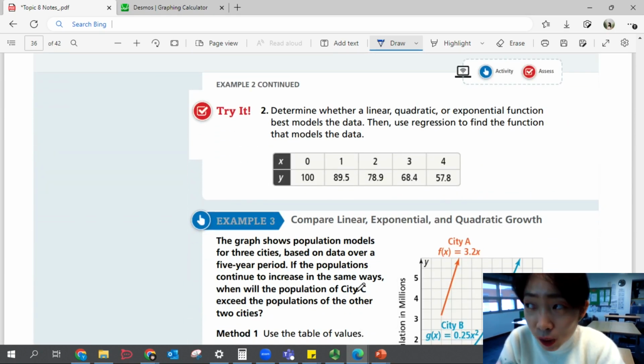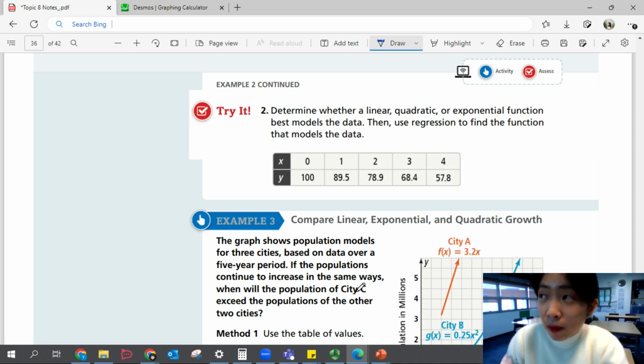All right, so try number 2. Try a different set of data. Determine whether a linear, quadratic, or exponential function best models the data. Then use regression to find a function that models the data. So if it weren't quadratics, you could probably use the linear forms, equations, and exponential function equations.